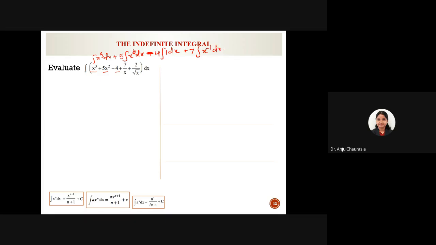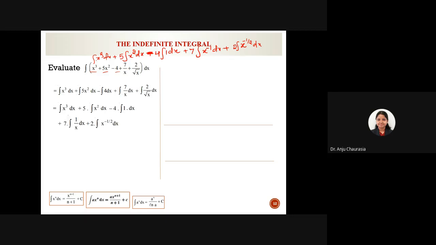Okay, I need to go into this in detail. And this is x raised to 1 by 2 in the denominator; when we take it up to the numerator, it becomes x raised to minus 1 by 2. So now this is like this.